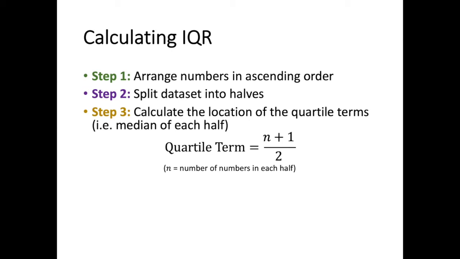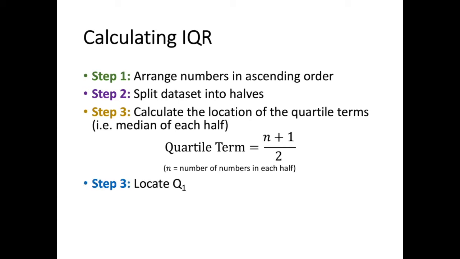So you use the same formula as the median, n plus 1 divided by 2, but this time n is going to be the number of numbers in each half, not the total number of numbers. You will see that when we have a look at an example in a moment.